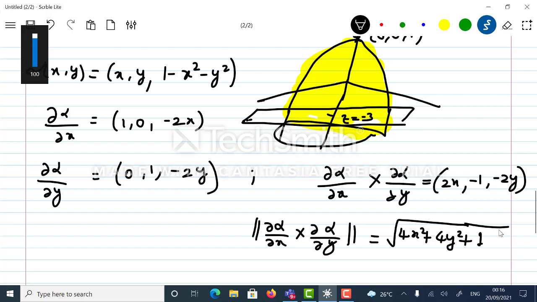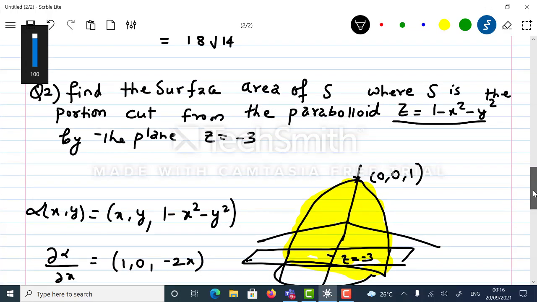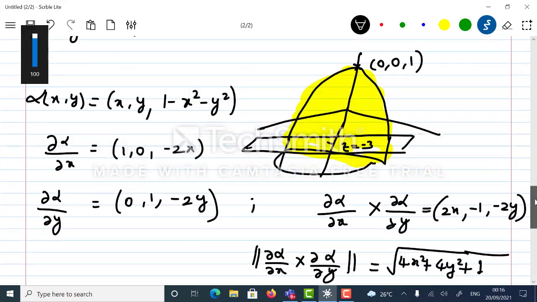So what will be the projection of this if I collapse this on the xy plane? That's important, because if you take z is equal to minus 3 here, then it will be x square plus y square is equal to 4, and that will be the projection.